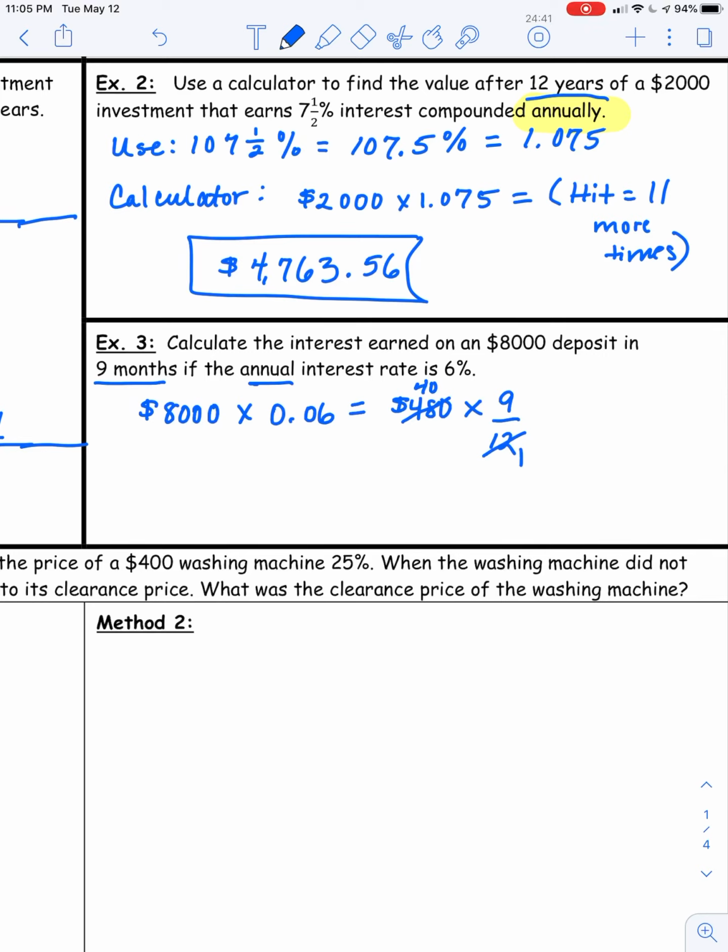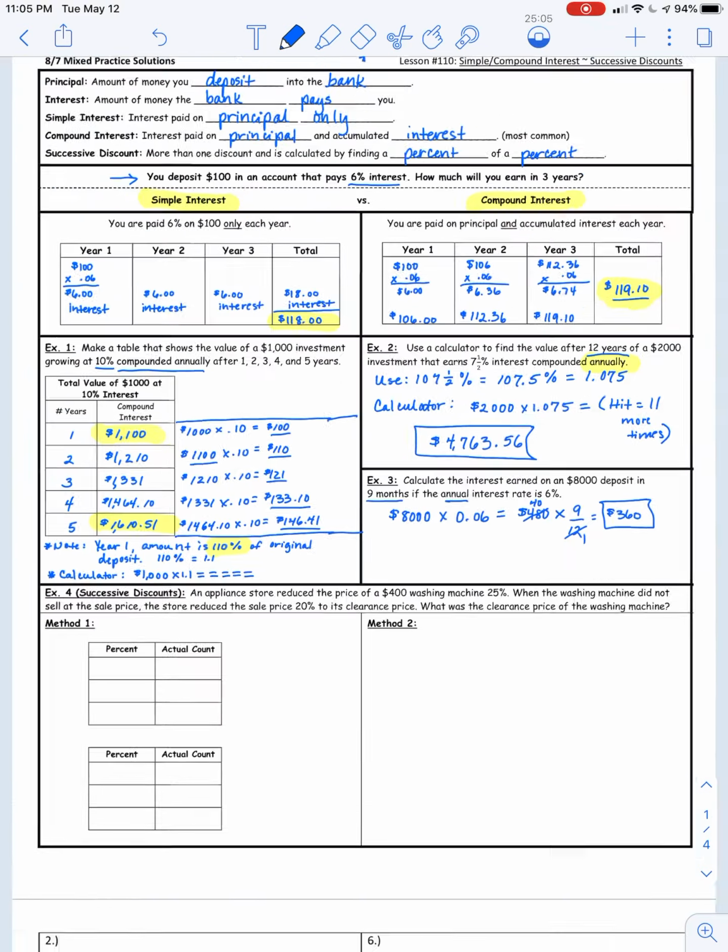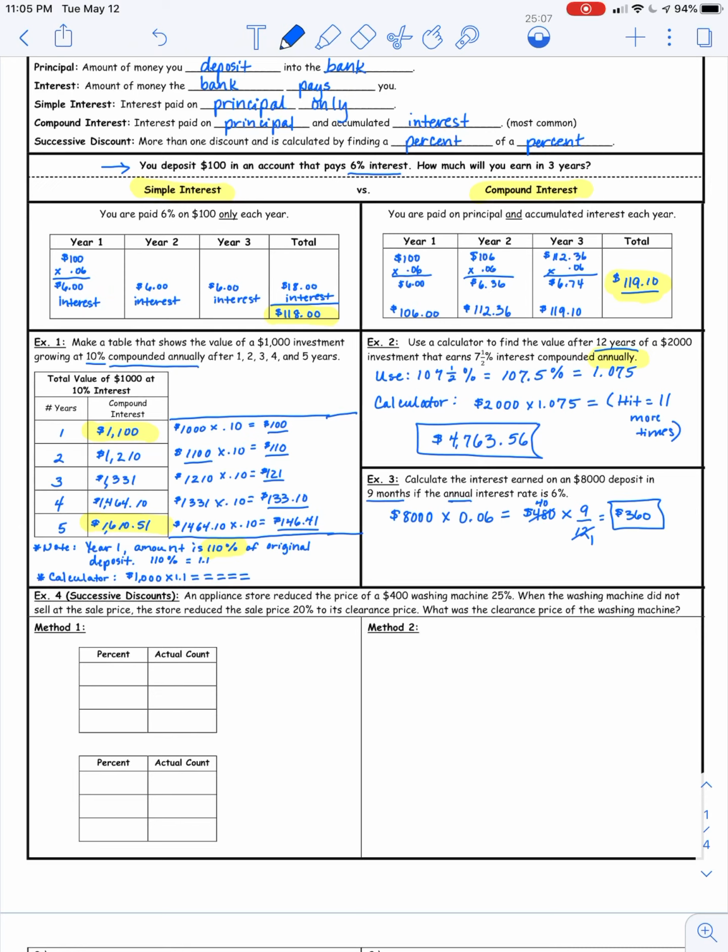So I cross out my 12 to 1, and my 480 would become 40. And I would end up with $360. So if I had needed my money and I was going to pull it out after 9 months, I would have earned $360 on that $8,000 that I deposited. Okay, so that's not too bad. Now that's all we're going to say about simple and compound interest.